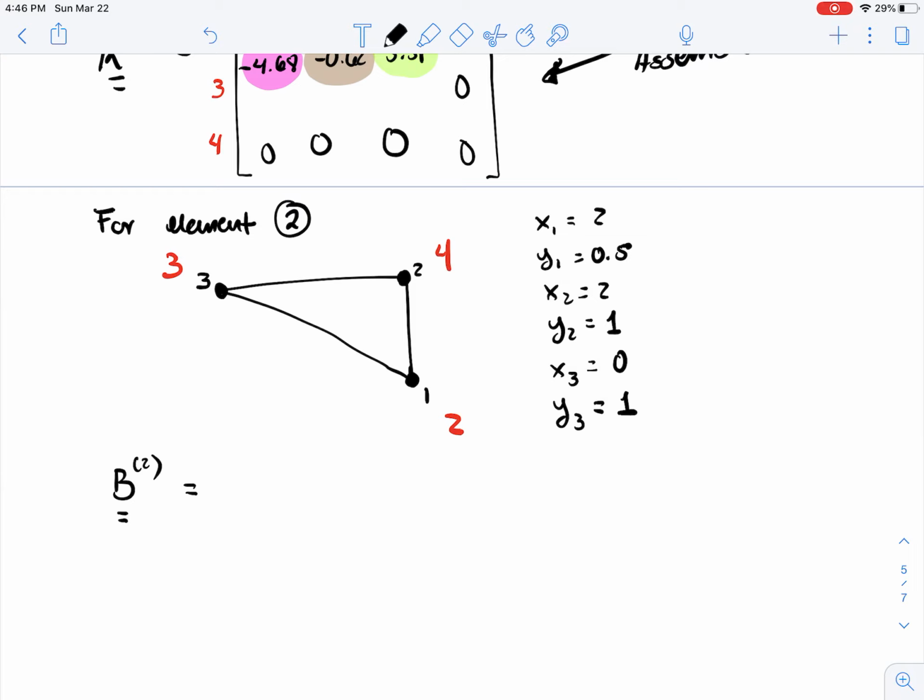In this case, the B matrix is 0, 0.5, minus 0.5, minus 2, 2, and 0.